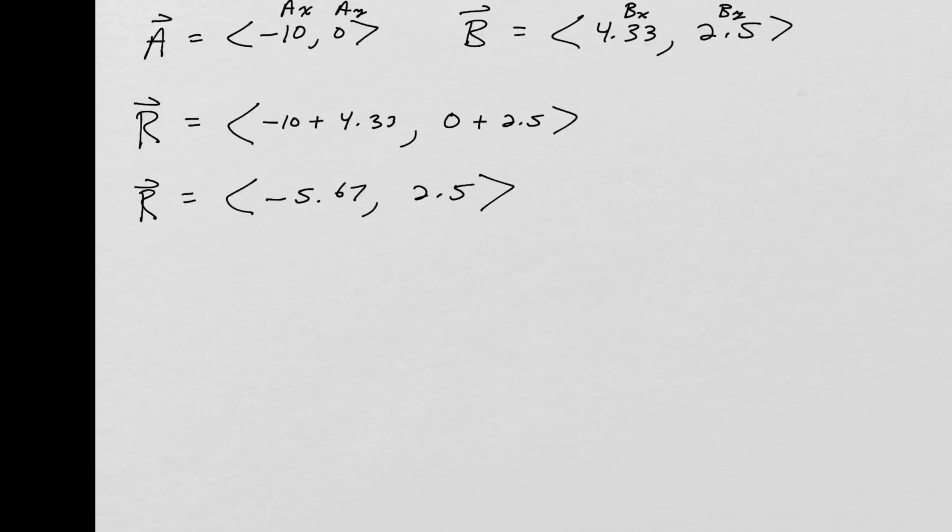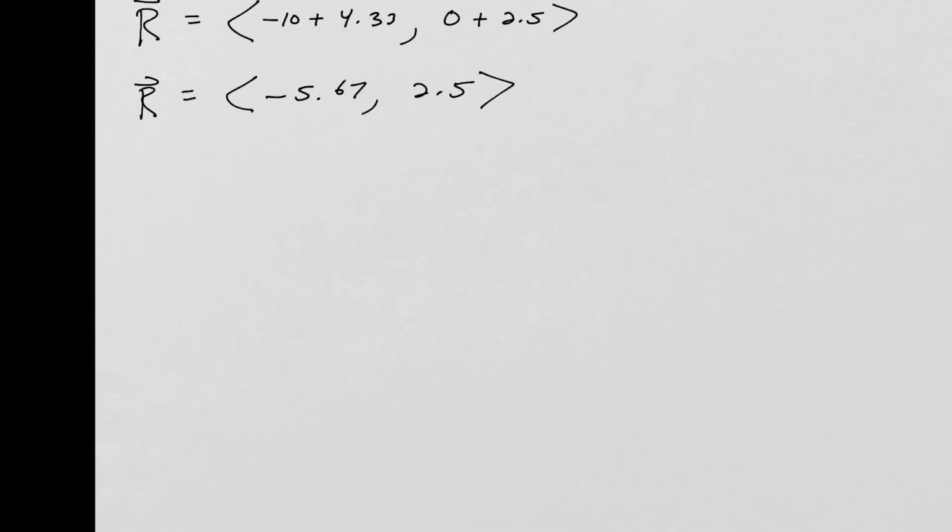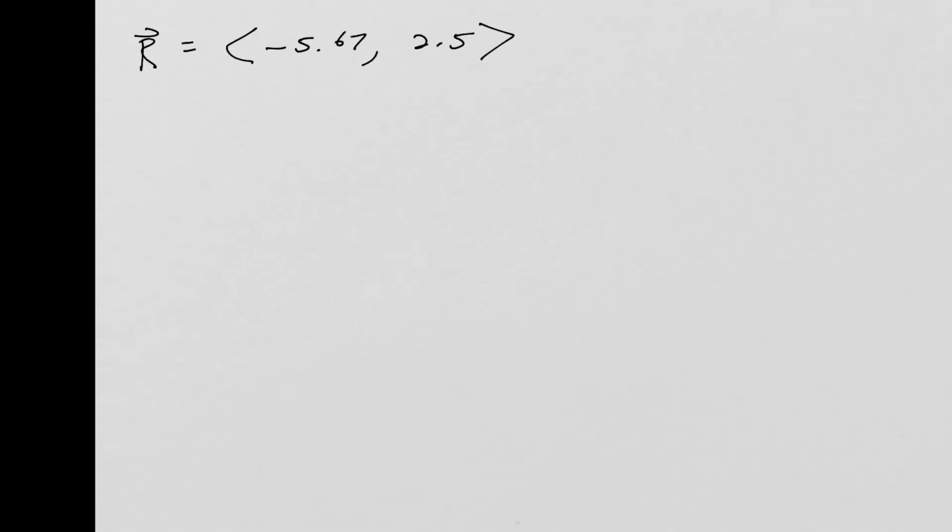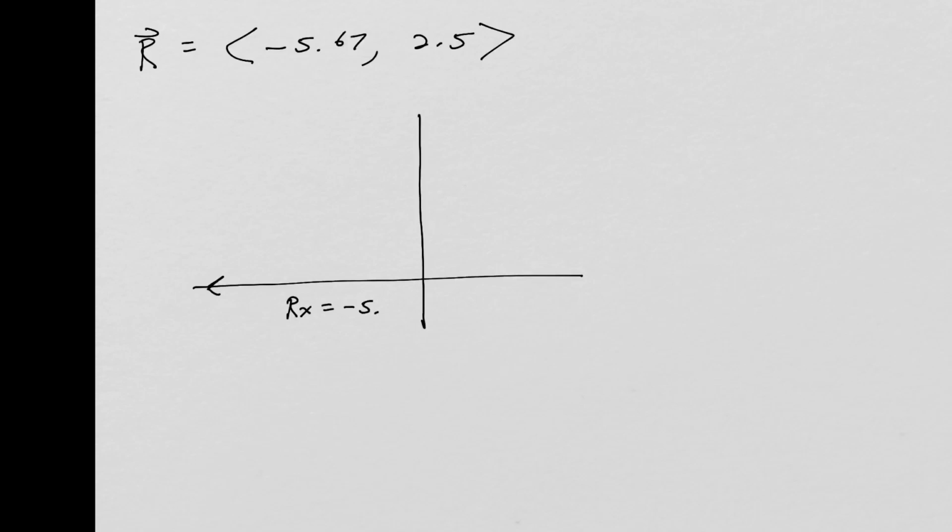Okay, so I'm going to draw a picture that represents the vector R now. So I know my x component is negative. So this is like Rx is negative 5.67. So I'm going to the left. And then Ry is positive 2.5. Right?